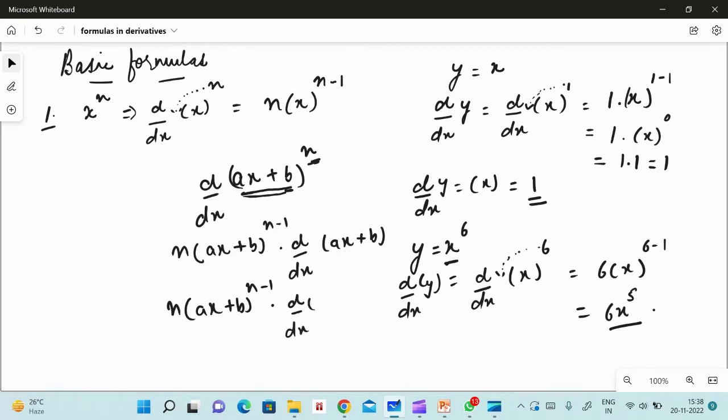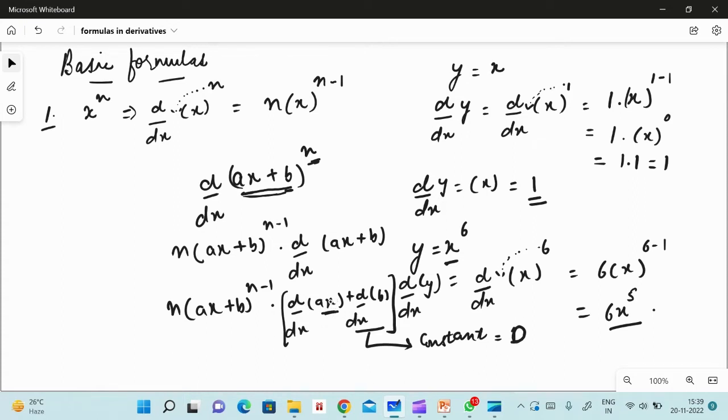I will write it like this. Derivative of ax plus derivative of b. Okay. So this is my constant derivative. So whenever there is a constant, the answer will be 0.